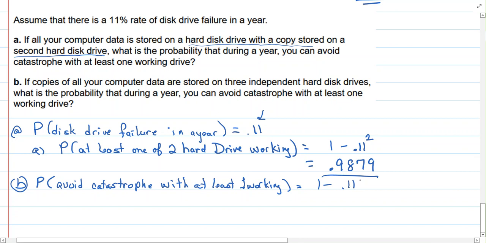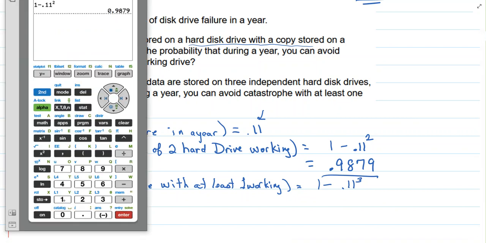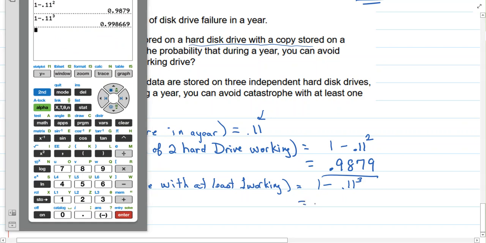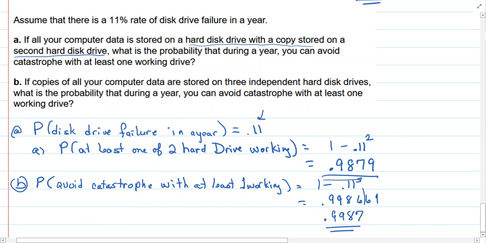So this would be 11 hundredths to the 3 because in this case, we have 3 disk drives. So even having one backup is security enough, and having 3 is super security.